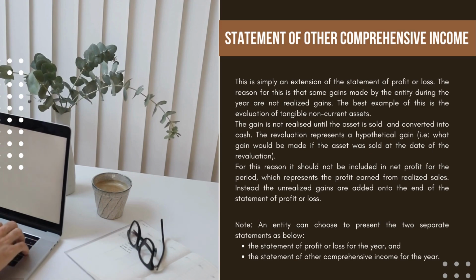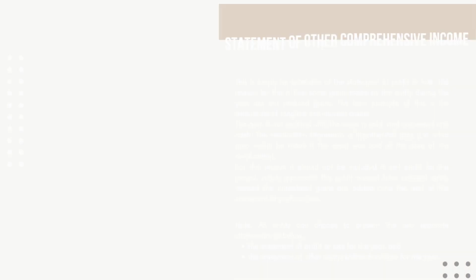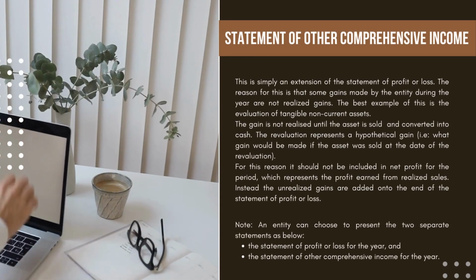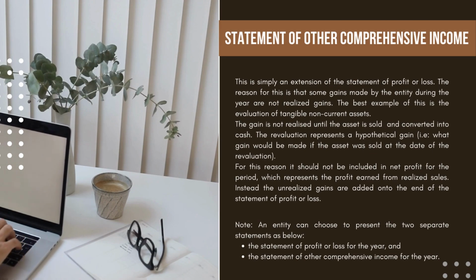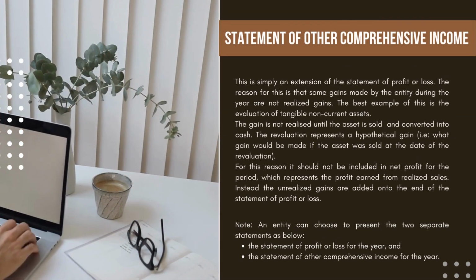The revaluation represents a hypothetical gain. For example, what gain would be made if the asset was sold at the date of the revaluation? For these reasons, it should not be included in net profit for the period, which represents the profit earned from realized sales. Instead, the unrealized gains are added on to the end of the statement of profit or loss.